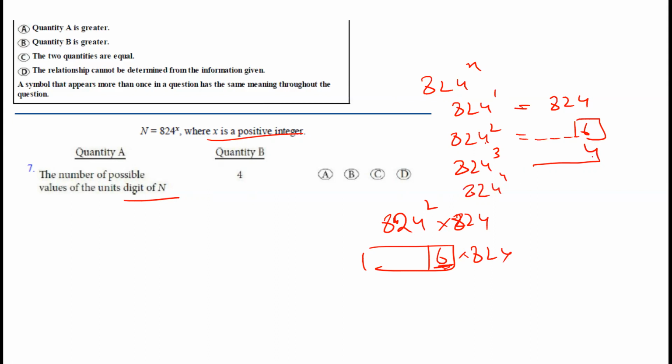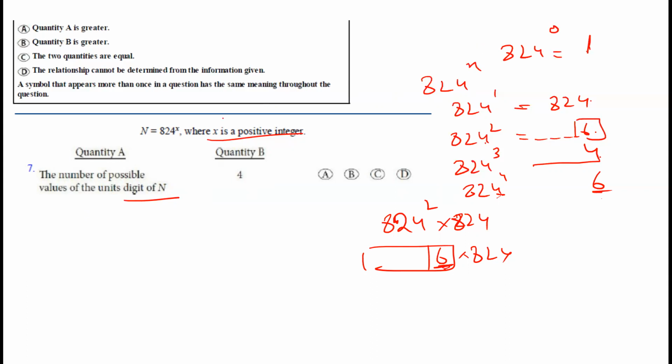824 raised to power 4: again, if 4 is multiplied by 4, you are going to get 16, so the unit digit would be 6. So there's a pattern: 4, 6, 4, 6. So the number of possible values of the unit digit of n can only be 2. Actually, 824 raised to power 0 would give you 1.